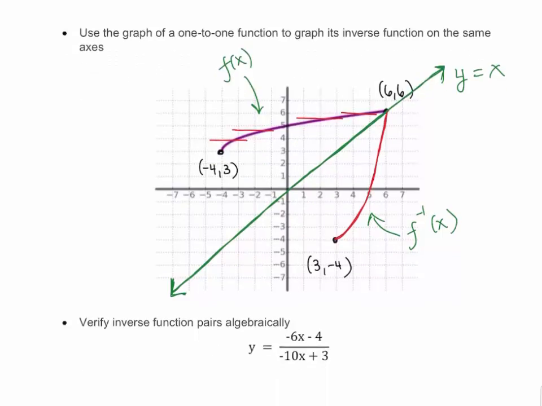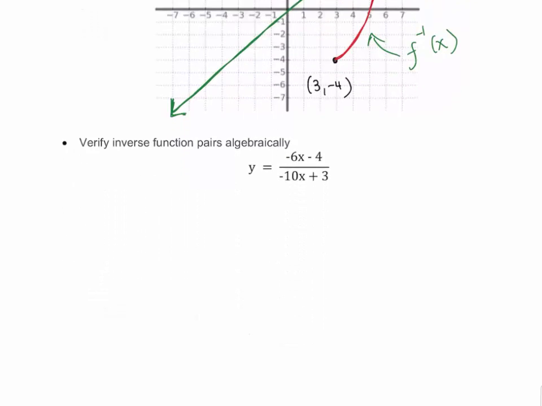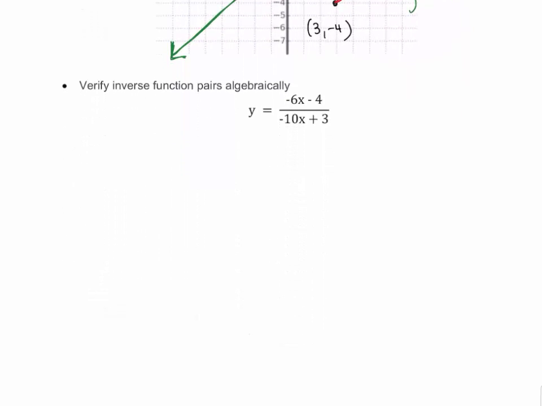Now, the last part is computational. For this part, you're asked to determine which pairs of two given functions are inverses, and they ask you to do it algebraically. You have this function given to you and all these different multiple choice options.